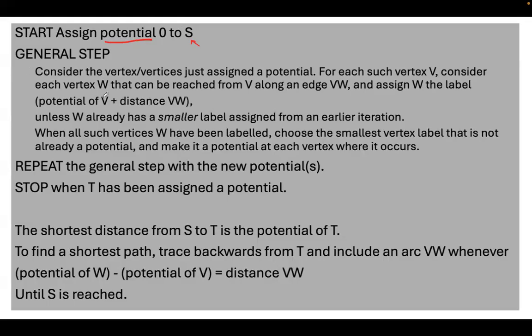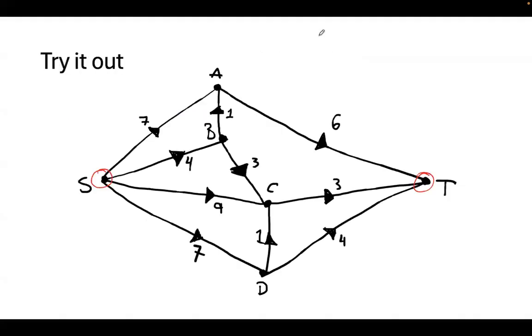And so the general step is we consider all the vertices that we have assigned a potential. You'll see some other algorithms where every other vertex is like infinity distance away to start with. Say they're very far away. We don't know how to get there. We hope that we'll figure it out as we go.